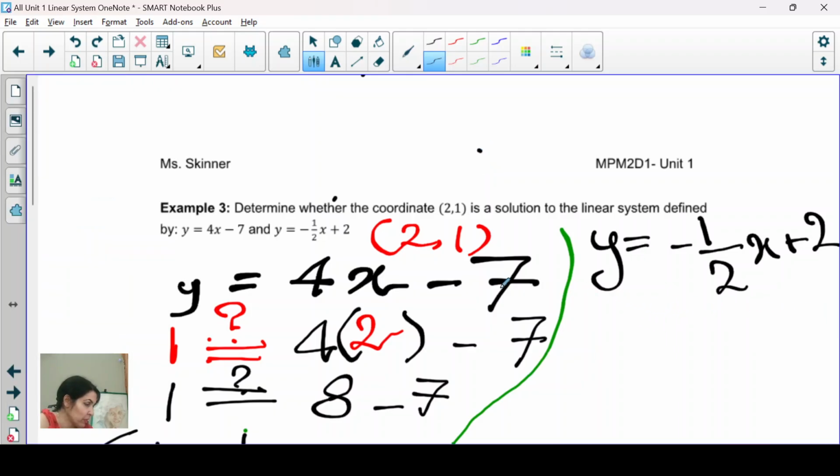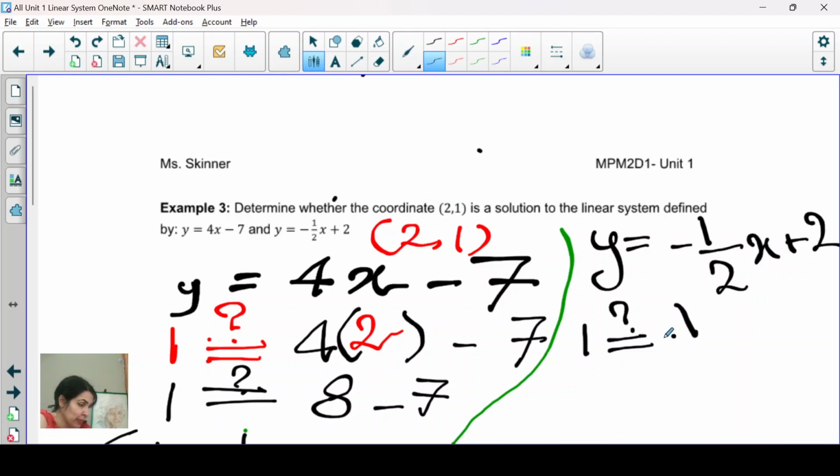We are on this question, so I rewrite this: y equals negative 1 over 2 x plus 2. Then put this point into the equation and see whether it's really equal. So instead of y, put 1, and when you put the equal sign, you need to put a question mark on top, because we are not sure. And instead of x, put 2.